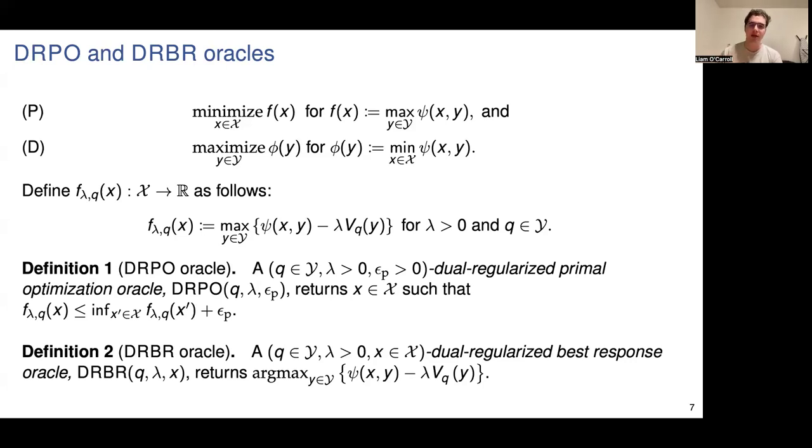In every application we consider, and the vast majority of applications, regularization is only going to help you. These oracles are only going to be cheaper to implement than their non-regularized versions. So you can think of regularization as being without loss of generality, or only something that can help you in most applications.